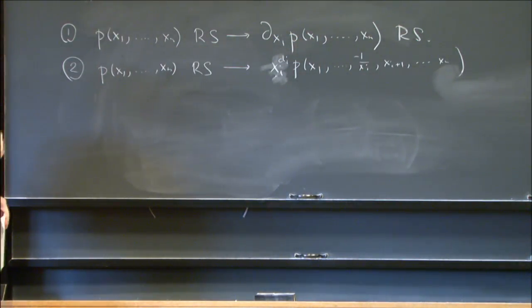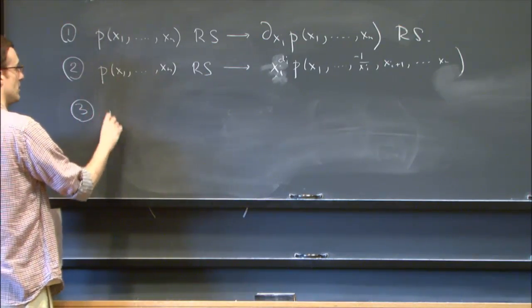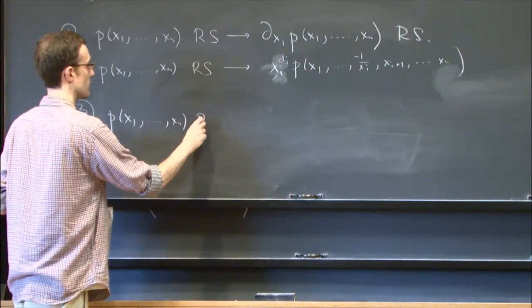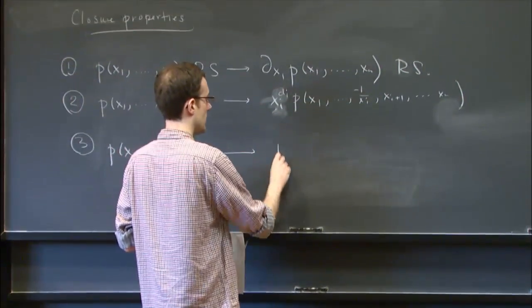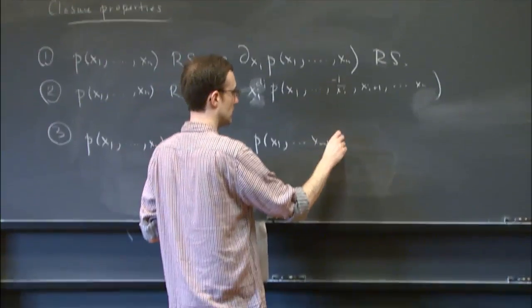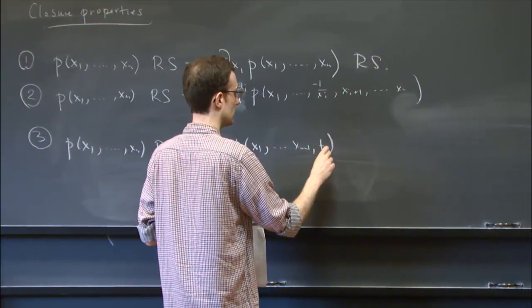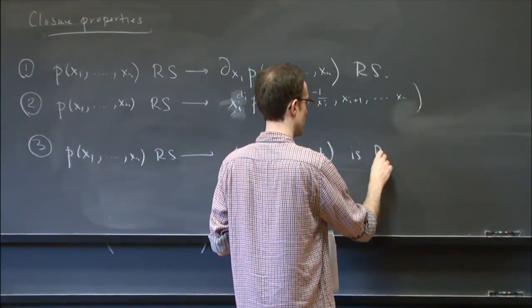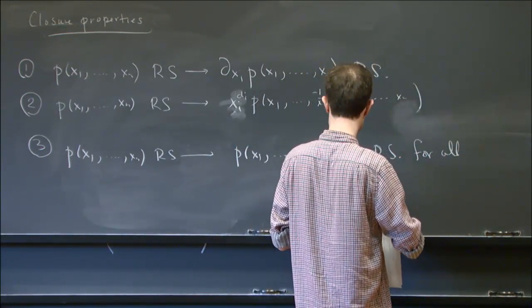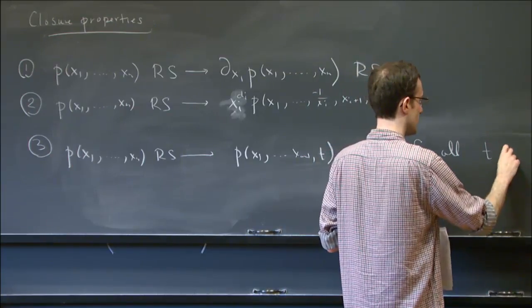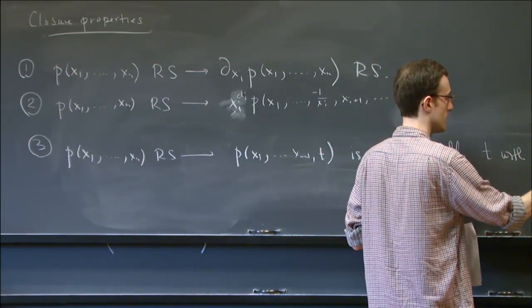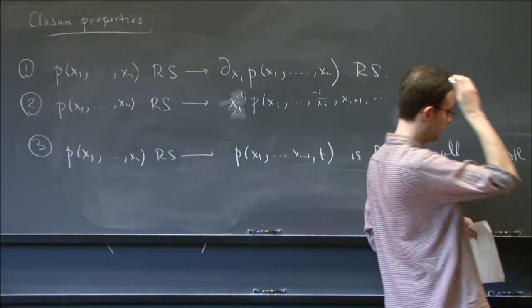And last but not least, if P of x1, ..., xn is real stable, then P of x1, ..., x_{n-1}, t is real stable for all t with imaginary part of t greater than or equal to 0.